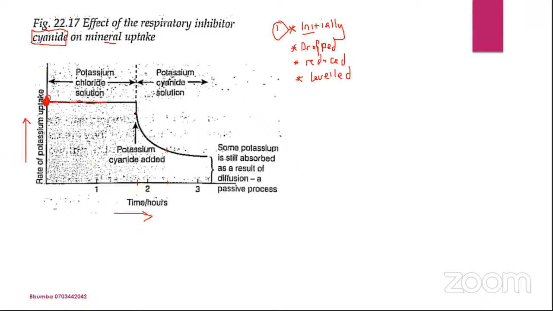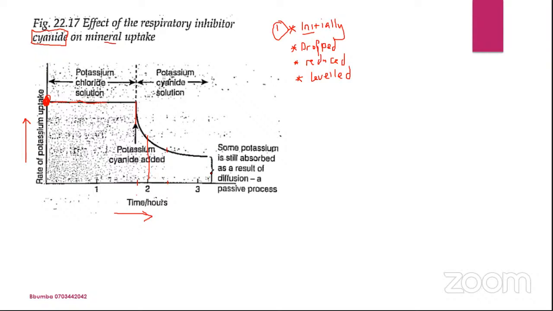Okay, this is rapid. From let's say 1 hour and 47 minutes to let's say 2 hours, yes, here the rate of potassium uptake decreases rapidly. Then from 2 hours to 2 hours and 30 minutes, the rate of potassium uptake decreases gradually. Then from 2 hours and 30 minutes to 3 hours, the rate of potassium uptake is almost constant.